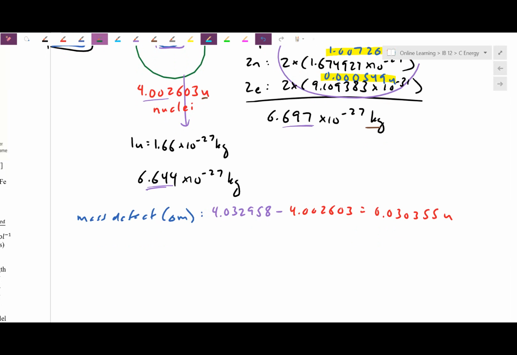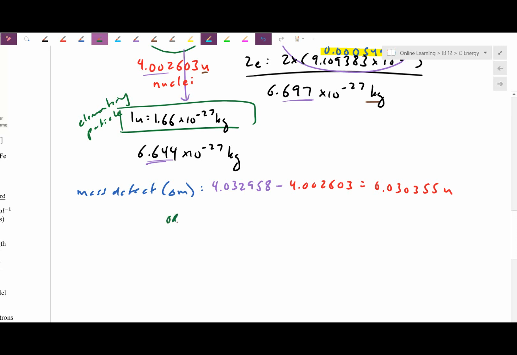That way is a little bit easier because I'm just having to do this elementary particle conversion just once. Or in the case that I did it for you here, you could have also done it here. The nuclei we had said was 6.697 times 10 to the negative 27. I had already scaled it by this 1.66 conversion, 6.644 times 10 to the negative 27.